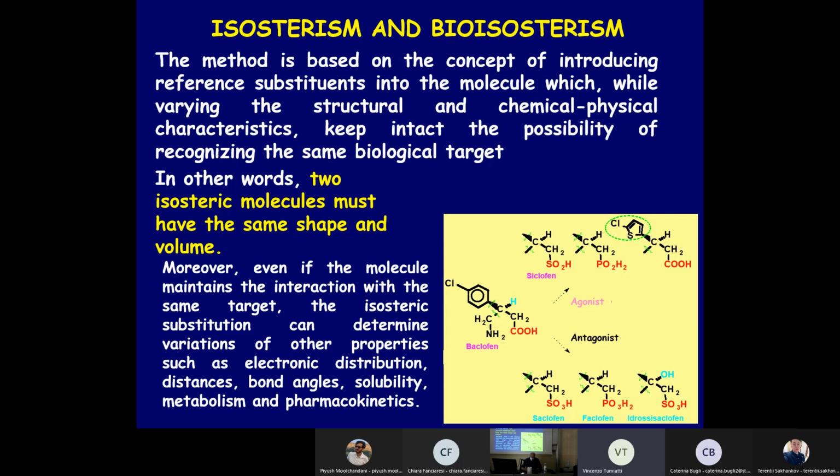Normally, when you put bigger residues on the backbone, you obtain antagonists. If you put smaller groups, normally you have agonists. So in medicinal chemistry, normally the dimensions of antagonists are bigger than those of agonistic compounds.